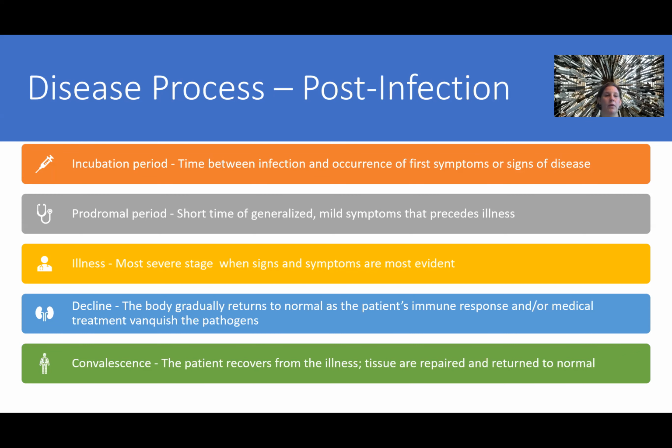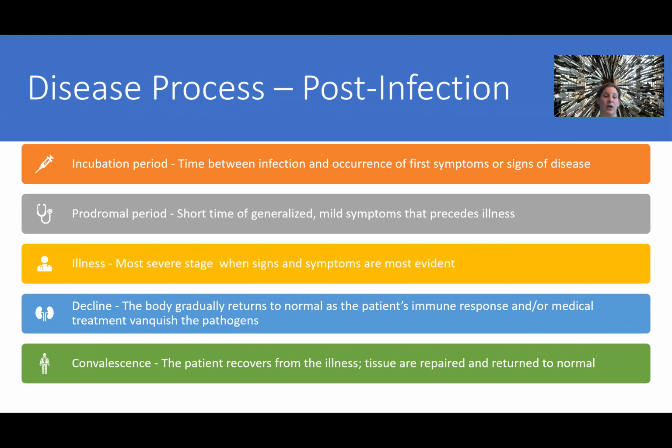Then we enter what we call the prodromal period. It is a shorter time, and that's when you start to feel bad. But you don't feel terribly sick yet, you just don't feel great before we enter this time of what we would call illness. That's the most severe stage, and the signs and symptoms of whatever disease you are experiencing are most evident. We next enter decline, where you start to feel better. Obviously, this is happening either because your immune system has kicked in or there have been some type of treatments available to you that have helped to kill off the pathogens in your body.